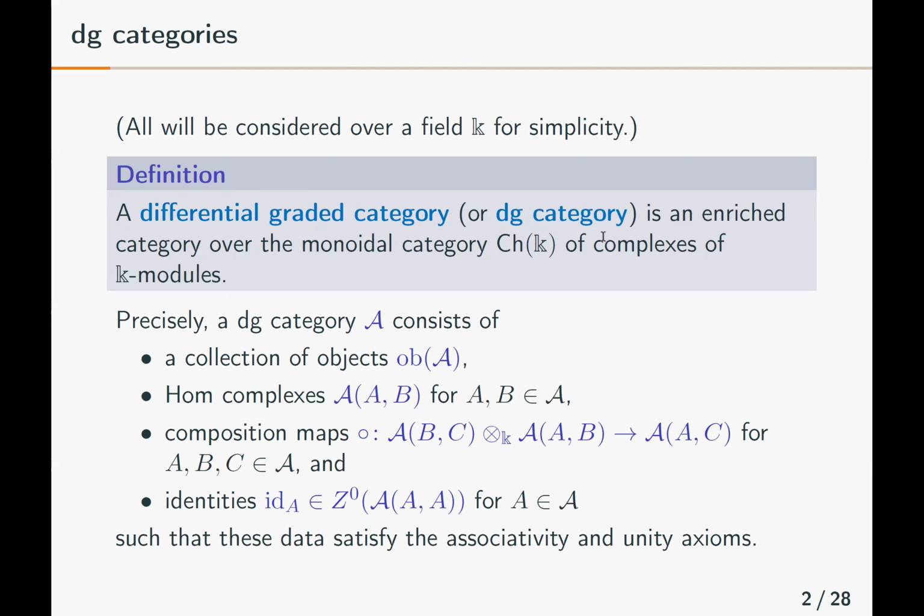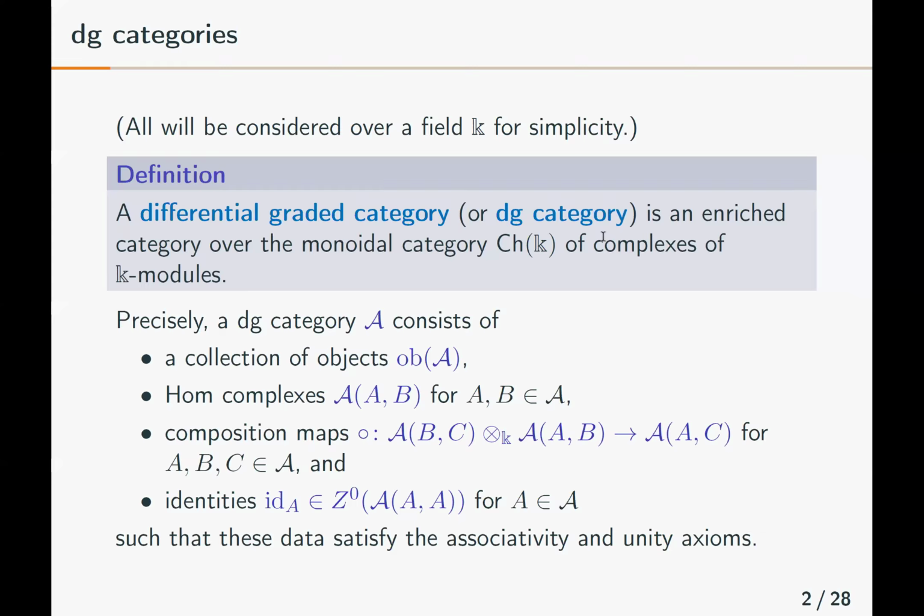A differential graded category, or DG category for short, is an enriched category over the monoidal category of complexes over K. Precisely, this means that we are given a collection of objects of A, and for any two objects A and B, the hom is not just a set, but a complex of K-modules.